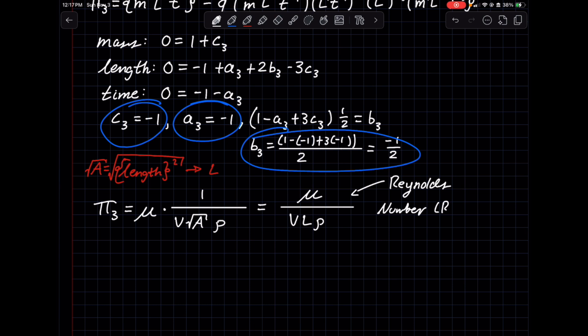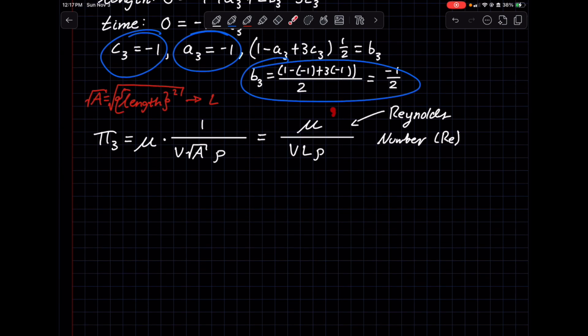or RE. So Reynolds number is really important as it is the inertial forces over the viscous forces. So the Reynolds number is actually just the inverse of all of this. We have our viscous forces, we have our inertial forces.